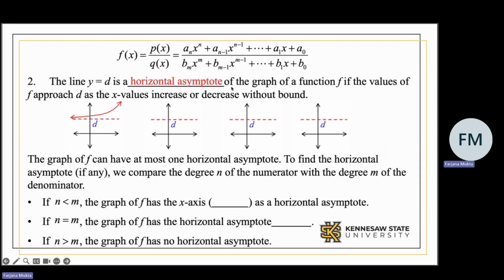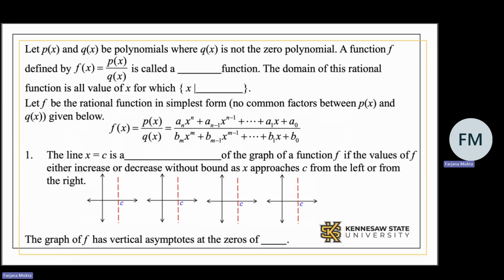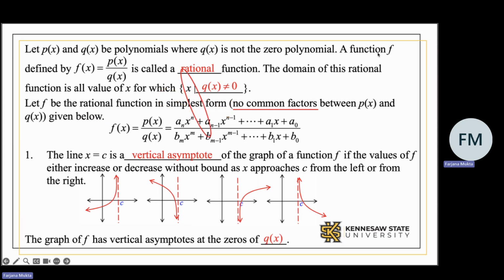As we have learned, if we have a rational function in its simplest form, then the line x equals c will be a vertical asymptote for which the function f either increases or decreases without bound as x approaches c. Mathematically, we find the vertical asymptote by setting the denominator of any rational function, in its simplest form, equal to 0.